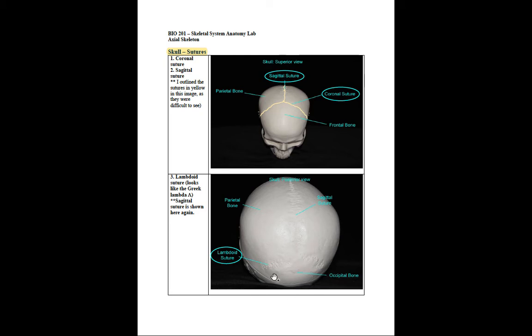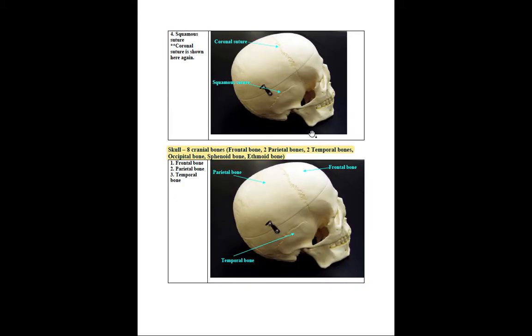If you look back here, here's the lambdoid suture. The lambdoid suture looks like the Greek lambda, so that makes that suture a little easier if you know the Greek lambda. Here you'll see the squamous suture, where the parietal bone and the temporal bone fuse.